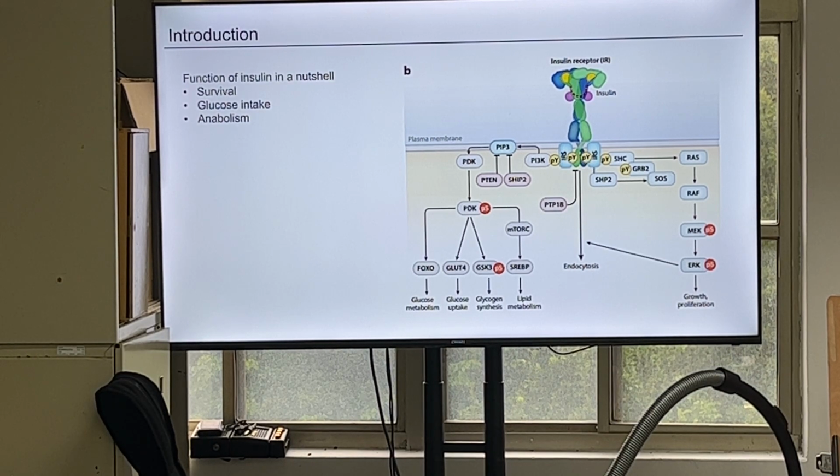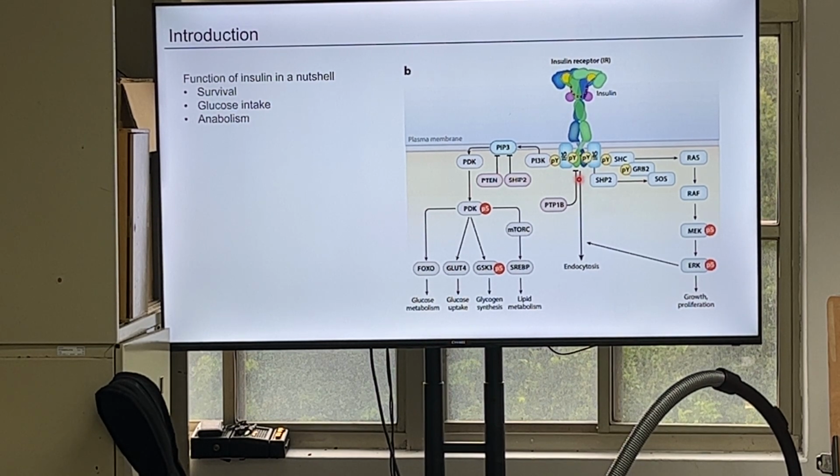Moving on, let me show the pointer here. You can see the extracellular domain and the intracellular domain, where the phosphorylation happens. I believe Campbell has this.